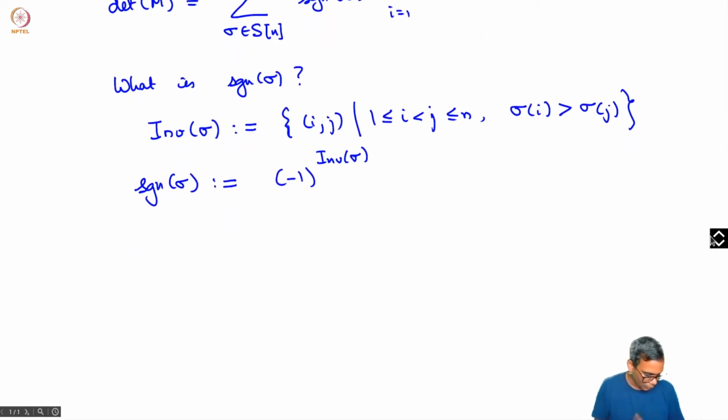Now, an important property of this sign that we will be using when we prove the LGV lemma is the following.